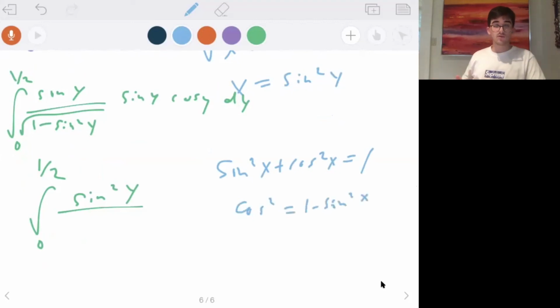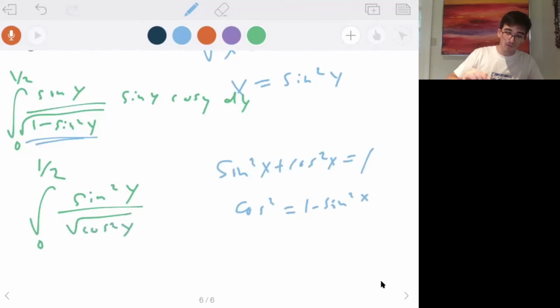Okay, well, that's a substitution that we're going to have to make. So instead of saying 1 minus sine squared y, I'm actually going to rewrite that to say cosine squared y. Those are equivalent expressions. Okay, and that's still times cosine y dy.